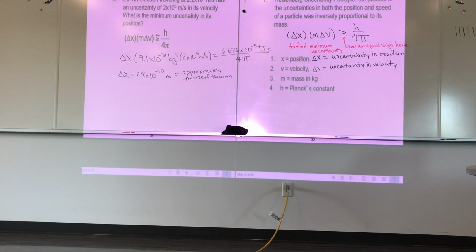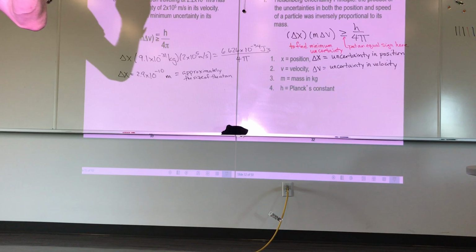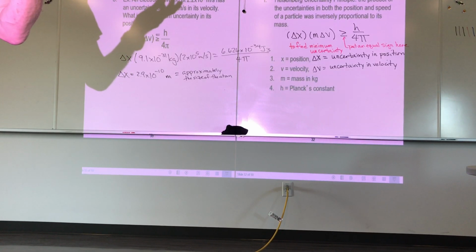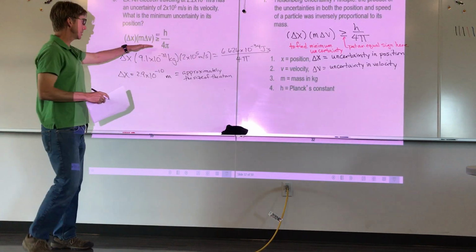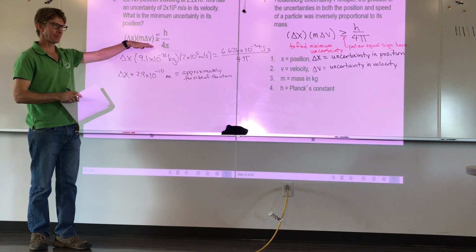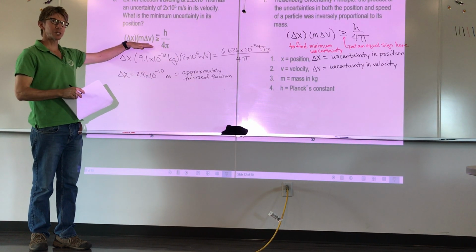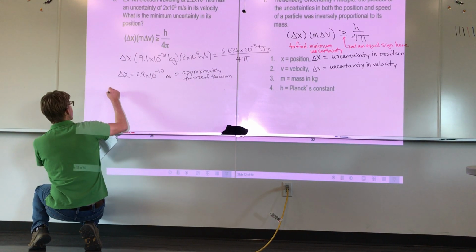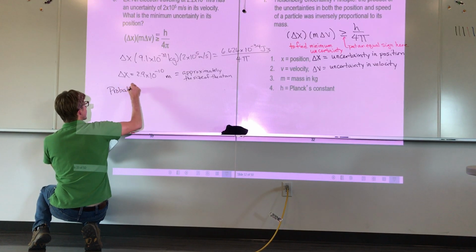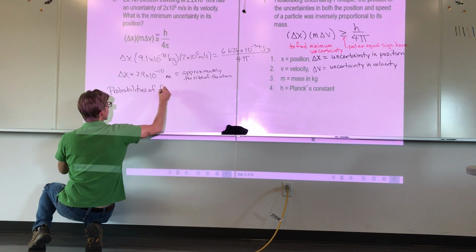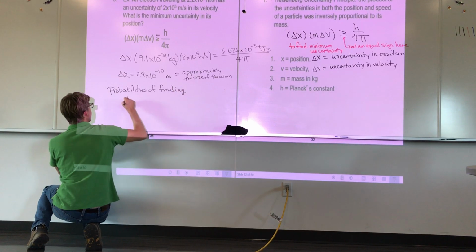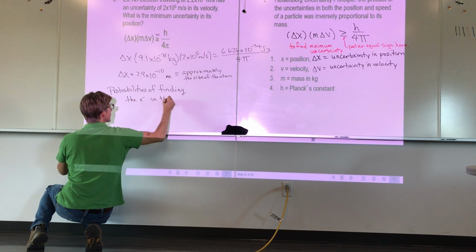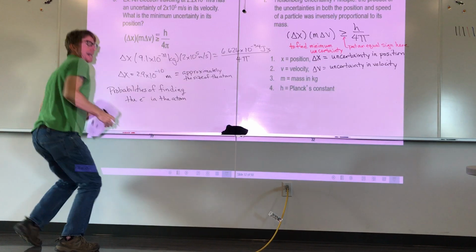So what we're going to do very shortly, and in fact in today's lecture, we will not talk about the position of an electron specifically. We will talk about electrons being in places and their probabilities. That's the net result we're going to get out of this: due to the uncertainty in position and or velocity, we will only speak of probabilities of finding the electron in the atom.